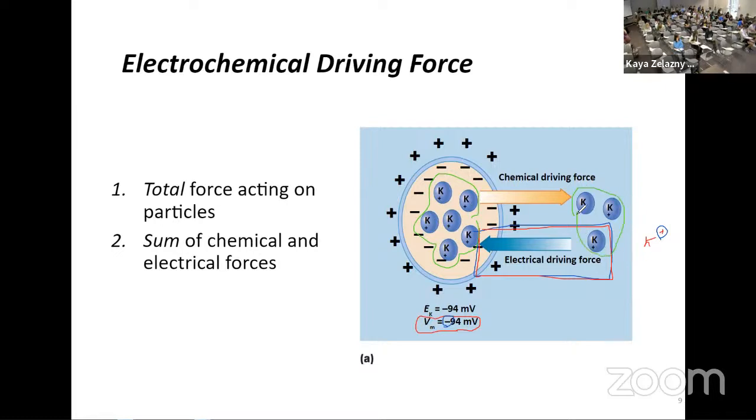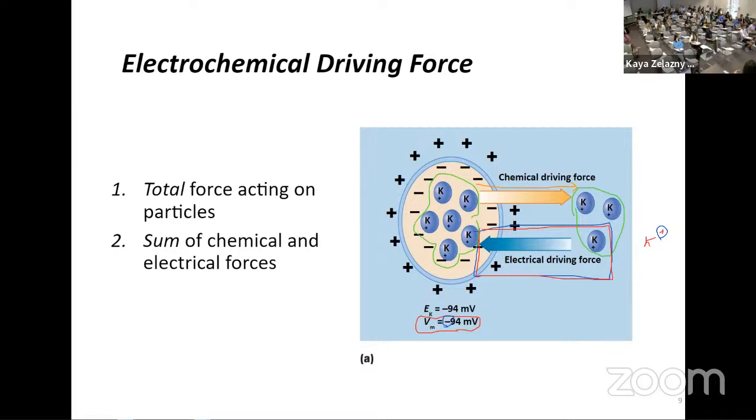So in this example, our chemical driving force is in the opposite direction. Our chemical driving force is pointing out because those potassium ions want to go from high to low. They want to go from their high concentration to their low concentration. So we have 2 arrows pointing in opposite directions.